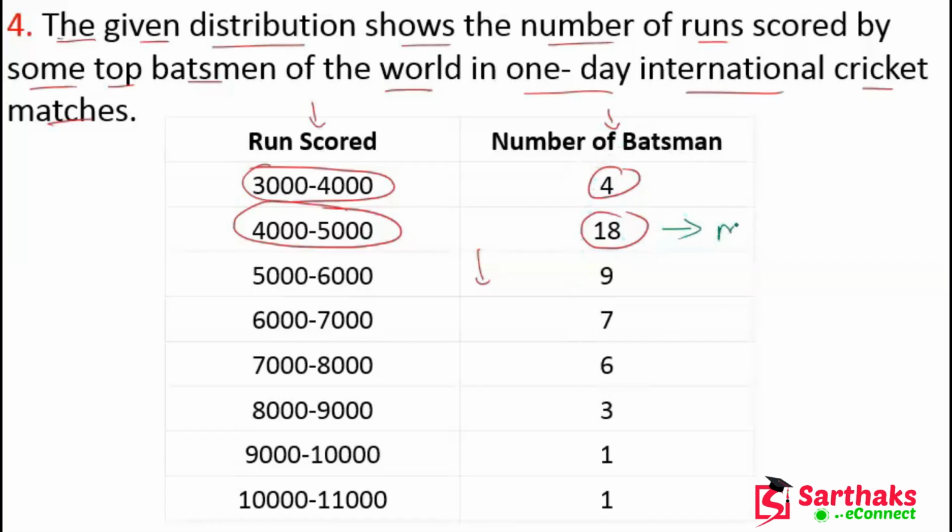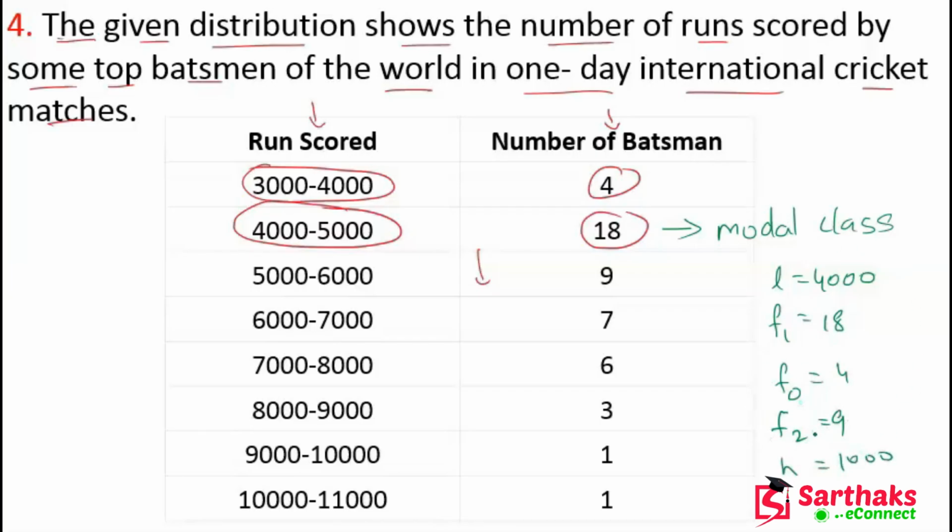So this is the modal class. Now L is what? 4000. F1 is 18. F0 is 4. F2 is 9. And H is what? H is 1000. So we have all these values.